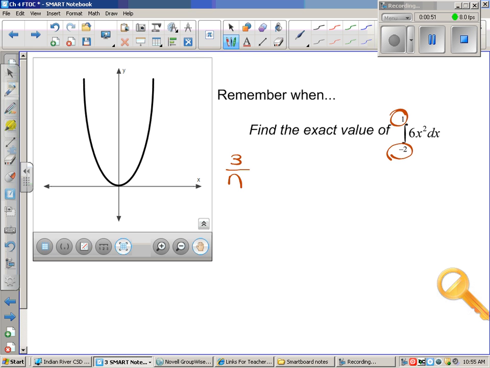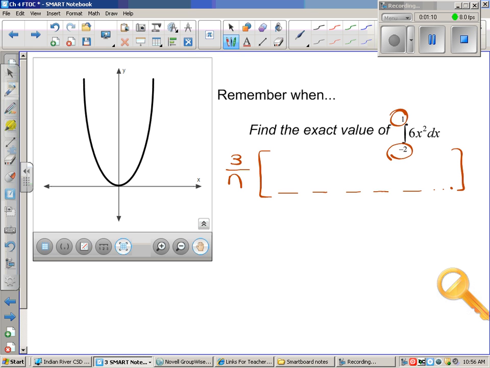And we know that the more subdivisions we have, the more accurate this is, right? So we said 3 divided by n, and that meant that what we had to do is we had to find n different heights as we went through this.